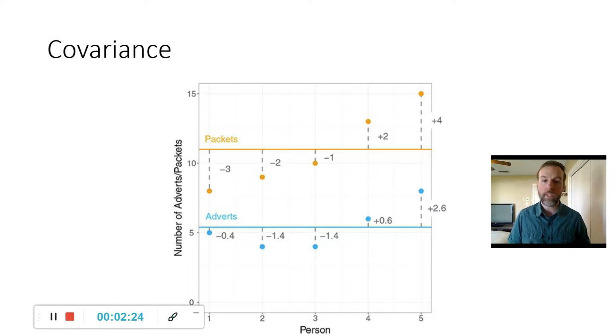As you purchase fewer packets, does that also covary with seeing fewer advertisements? And here it looks like there is a linear relationship between this covariation, which is a correlation. If you look at the last participant, they're way above the mean, both in advertisements and in packets. So they are covarying in the same direction.